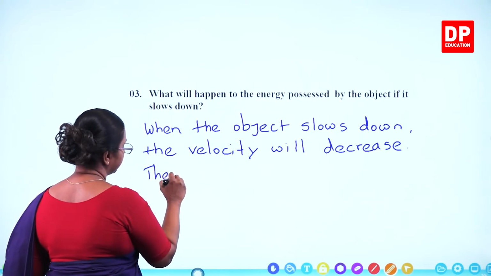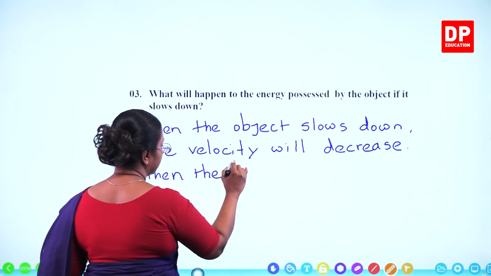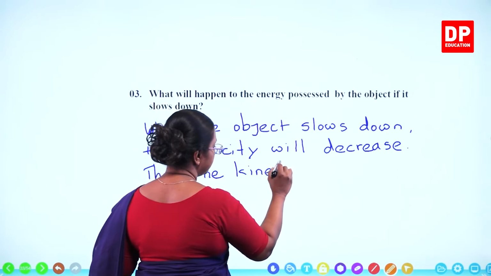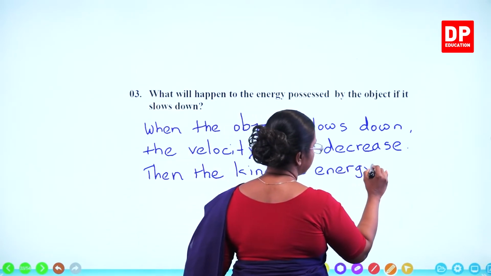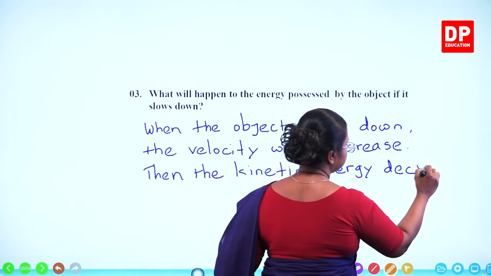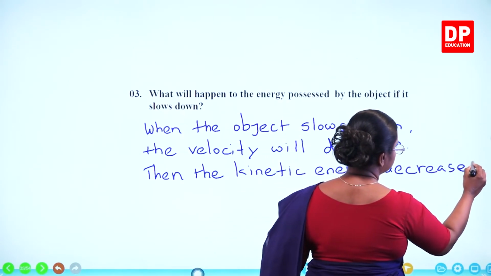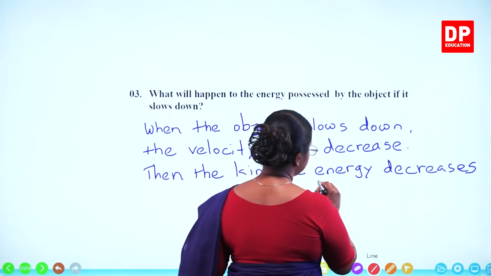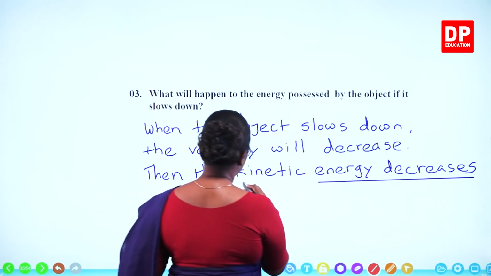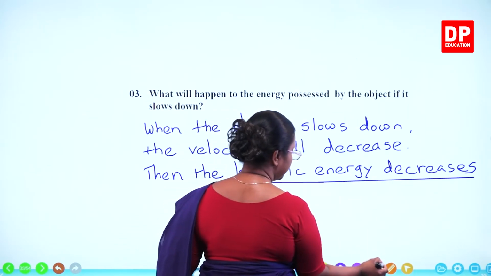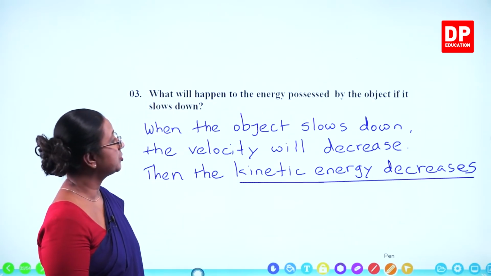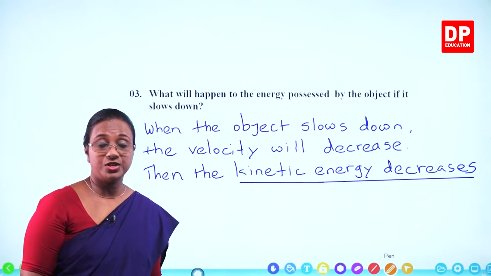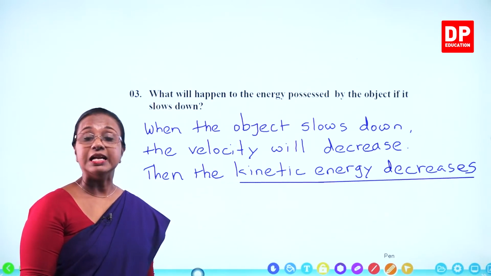Then the kinetic energy decreases. So this is the important part. Kinetic energy decreases. So the question is, what will happen to the energy possessed by the object if it slows down? So the energy will decrease.